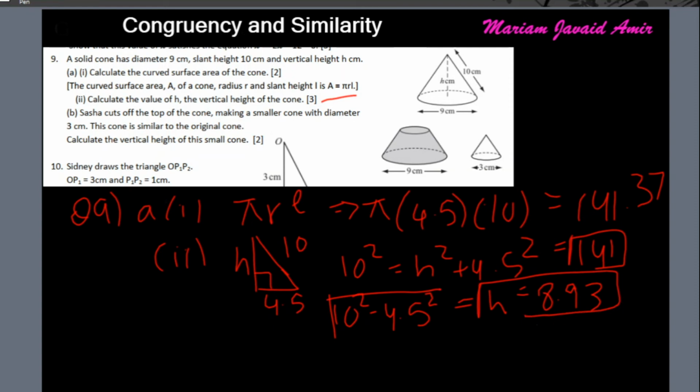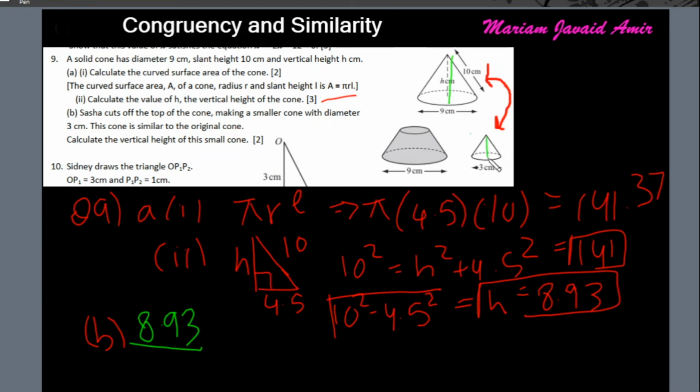Okay, next step is part B. Sasha cuts off the top of the cone, making a similar cone with diameter 3 meters. So these two cones are now similar. Calculate the vertical height of the smaller cone. It's a pretty easy question. We've already found this height, 8.93.